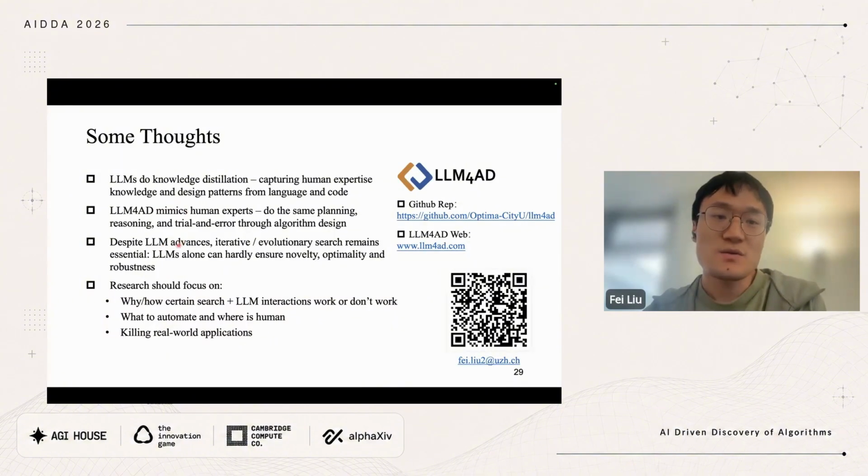Despite the advance of LLMs, I think the iterative or evolutionary search will still remain essential, at least in the near future.